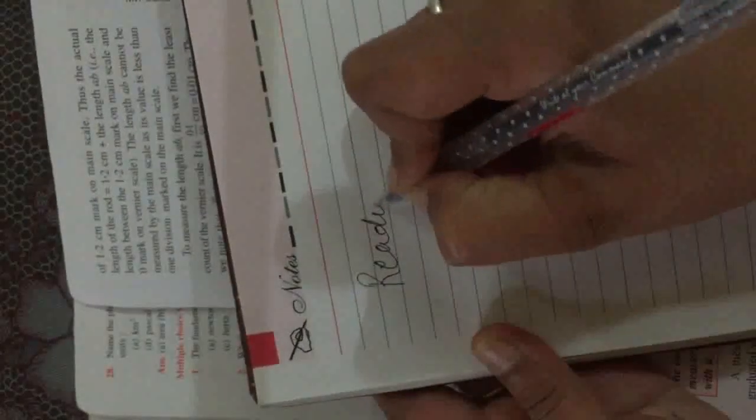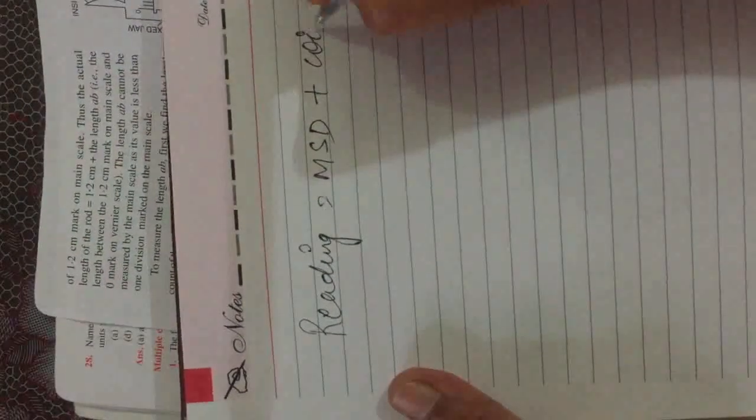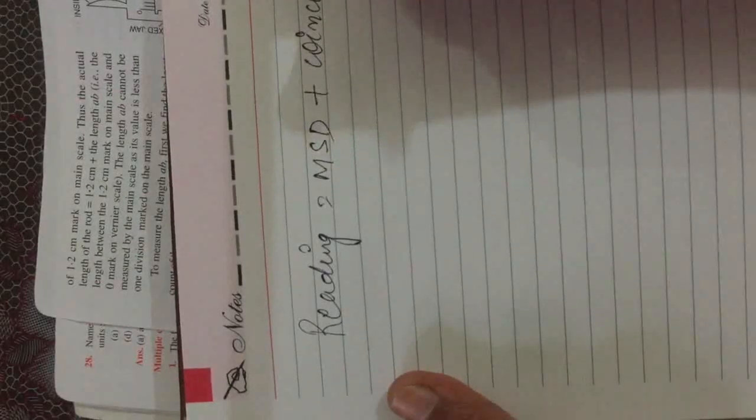For that we will use the formula: main scale reading plus coinciding division multiplied by least count. So this is the formula to calculate the length. How will we take the main scale reading?